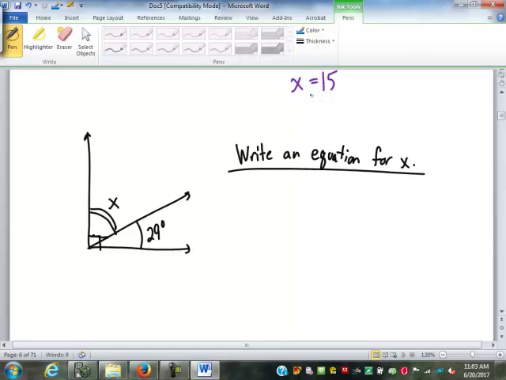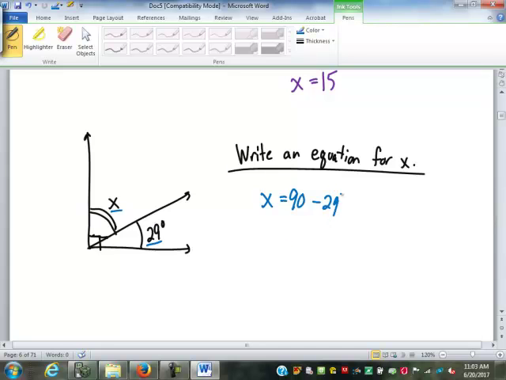What's the relationship here? x equals 90 minus 29. You could do x equals 90 minus 29. That works.